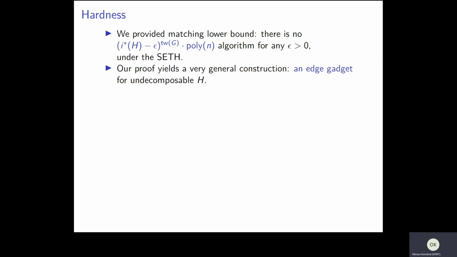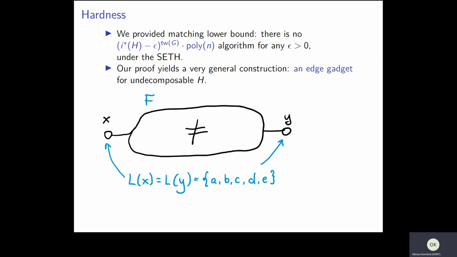And this is basically a graph with two distinguished vertices X and Y, such that each mapping from X and Y to the vertices of H can be extended to a mapping of the whole gadget if and only if this mapping initially on X and Y mapped them to distinct vertices, right?